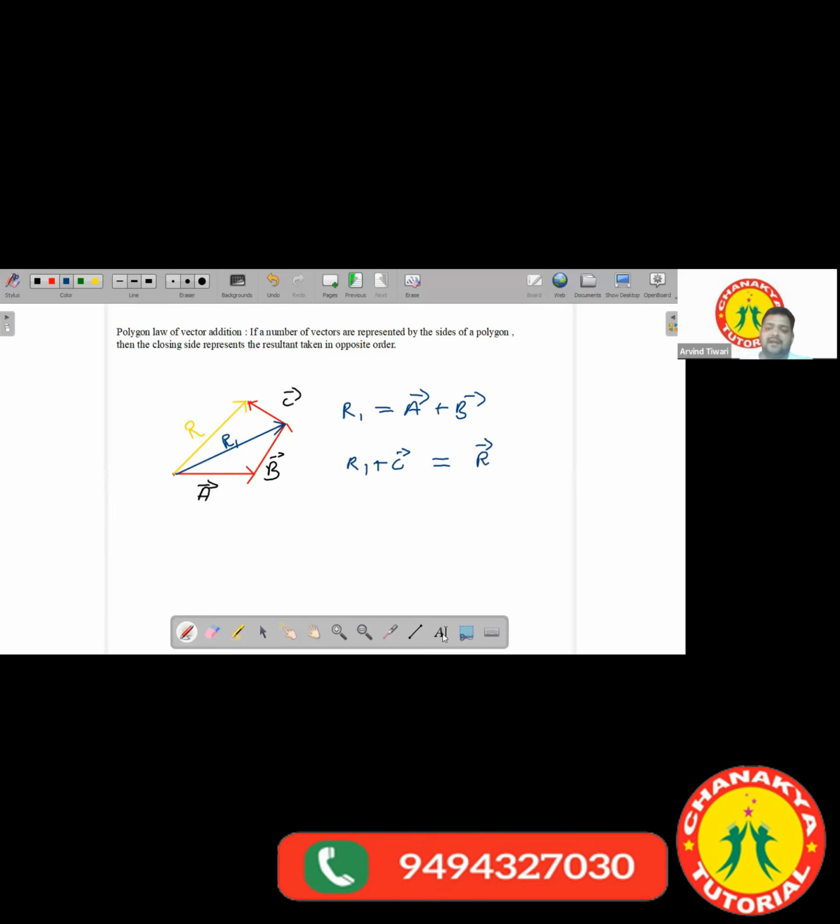Okay. Let's see a small question. This is from the triangle of vector addition only. Let's see if you can do this.